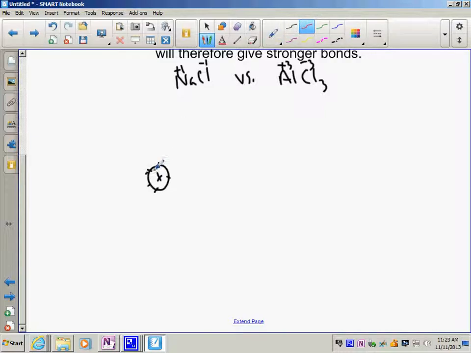Now, the nucleus is radiating its, I would call, electric fields, and it is therefore attracting any negative that is in that field. So, if another atom happens to come along, I'll draw another atom right here, and it has, let's say, electrons here. If this atom were to move into this electric field, then the electric fields of this atom, let's say atom A, and let's say atom B, if B moves into the field, it could theoretically rip the electron right off and keep it for itself, making it an anion.